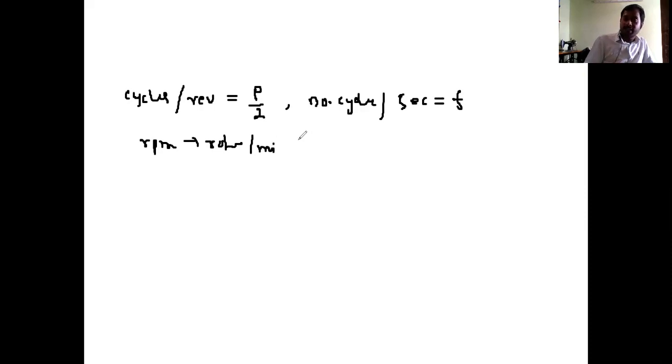Rotation per minute is RPM, but here frequency is in terms of seconds. That's why speed is also in terms of RPS.